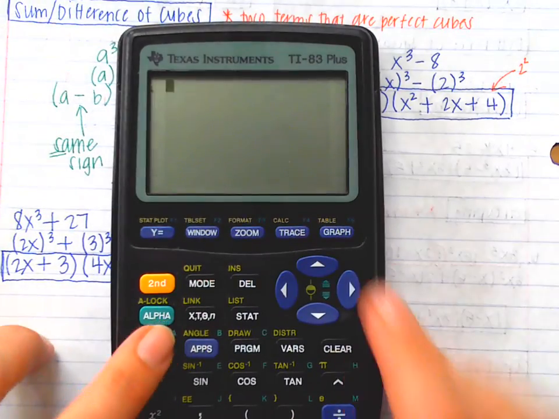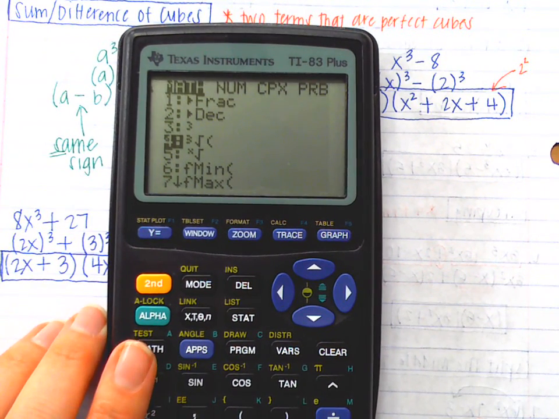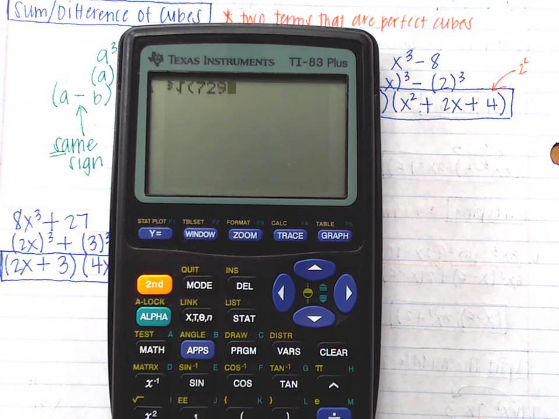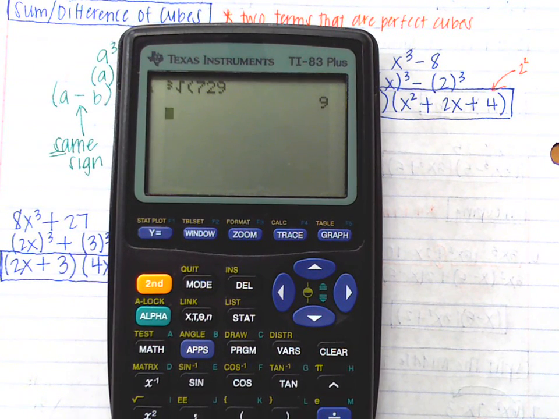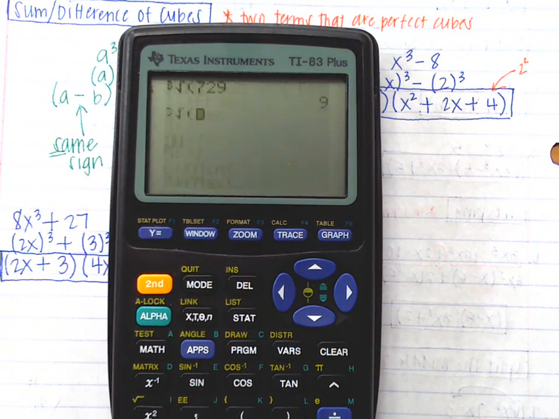If you go into math and down to the fourth one, where you see that cube root looking thing, you can type in the cube root of 729, which is 9. So you can always get the cube root of one of these numbers using that. Notice how I accidentally put in a plus? I can just delete it and enter, and it will give it to me.